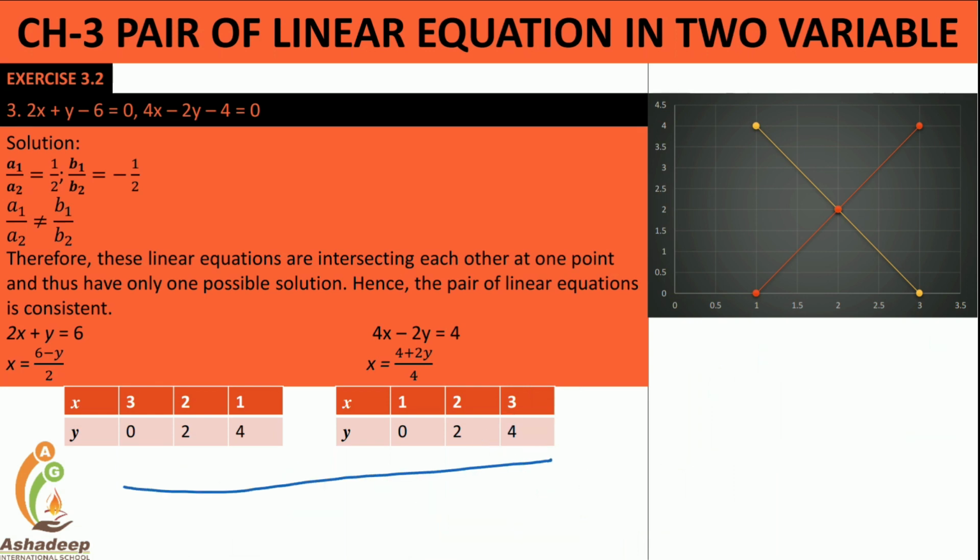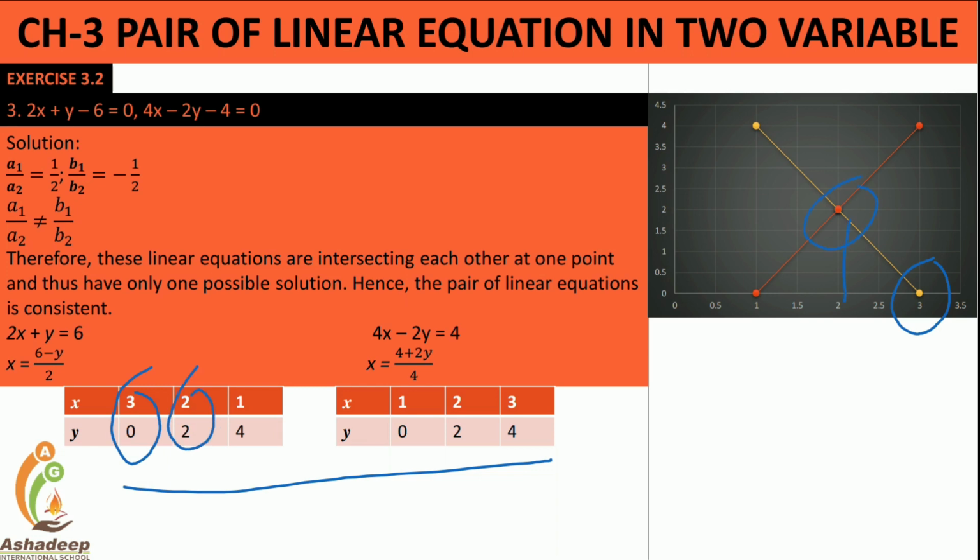Now plot these points on the graph. See 3, 0. Which axis does 3, 0 come on? So 3, 0 comes here on the x-axis. So here it is 3, 0. Now 2 and 2. So here it is, 2 and 2.